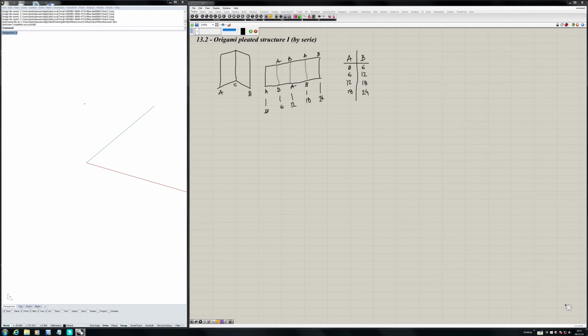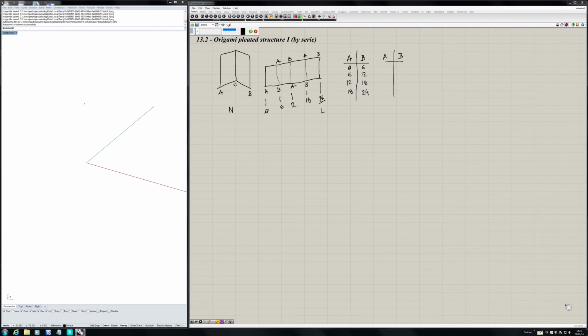Okay, so in reality, if we change 24 by L, that is the length, I'm going to have A and B, and I have 1, 2, 3, 4.